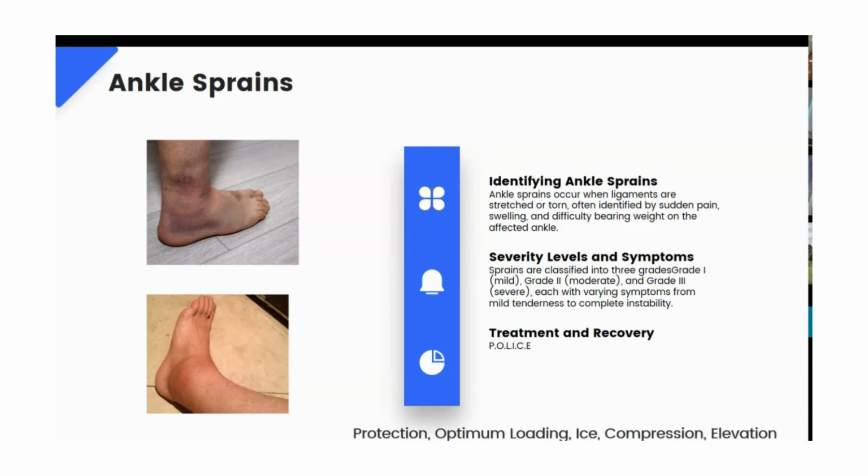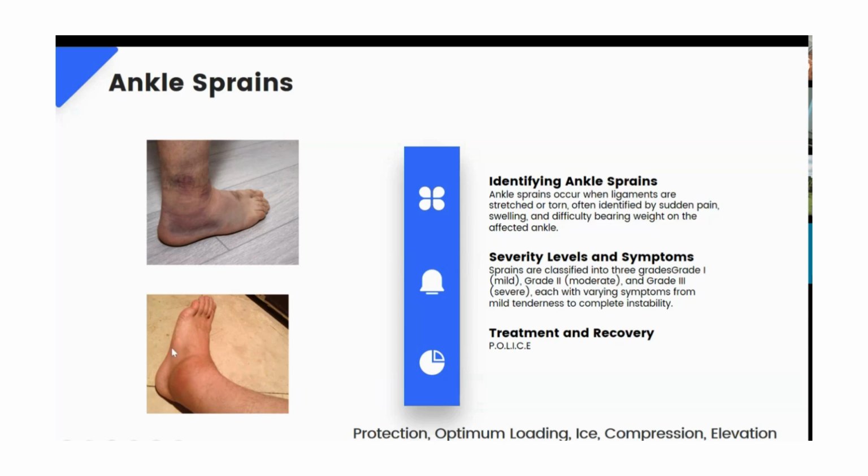The next condition is ankle sprains. Now, I've got two photos in there. They're not the same thing. The photo on the top is a typical ankle sprain. As you can see, there's a lot of swelling, a lot of bruising in the area, and the swelling is a little bit lower down. The one at the bottom is an ankle strain.